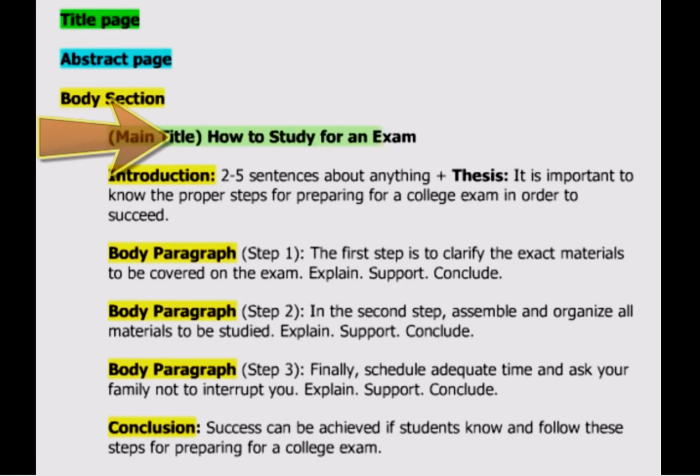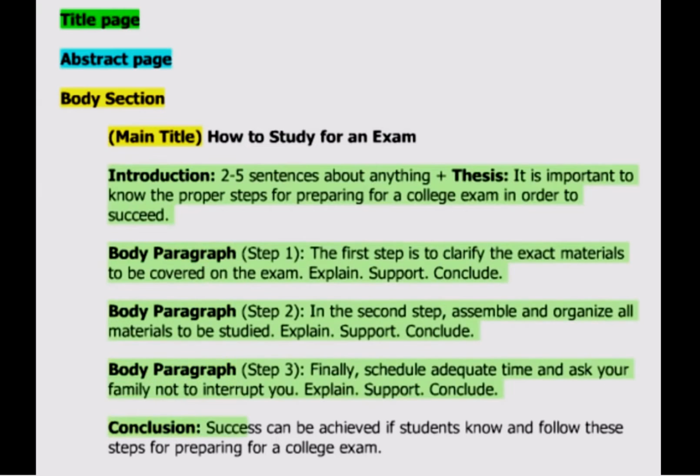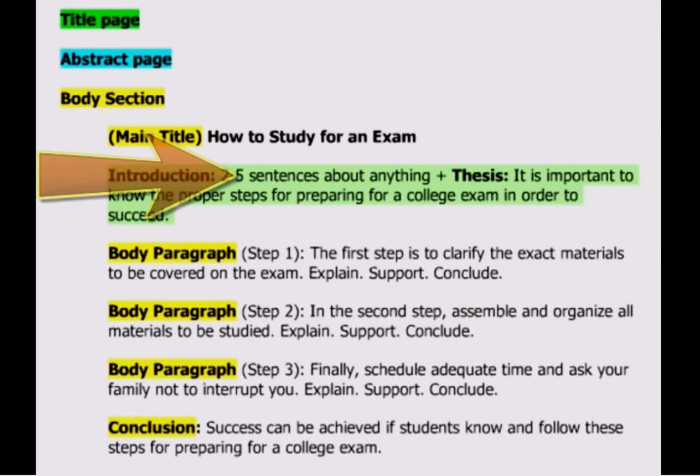A main title centered at the top of the page, then 5 paragraphs. Those 5 paragraphs, at least, are arranged in the following way. An introduction paragraph, and you are shown a particular formula to use for the introduction paragraph. And that formula was 2 to 5 sentences about anything, followed by or leading up to the thesis.